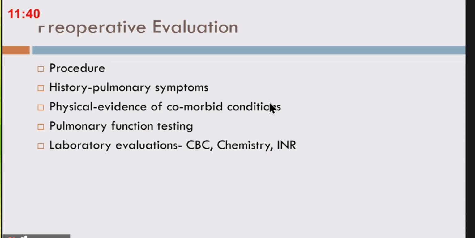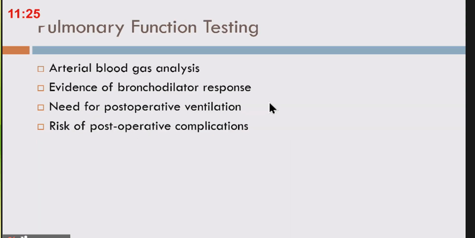Obviously, pre-op evaluation: you want to do the same type of pre-op evaluation you would with most patients that are sicker. One thing that may be helpful with most of these patients is pulmonary function testing. You would want to do some arterial blood gas analysis.